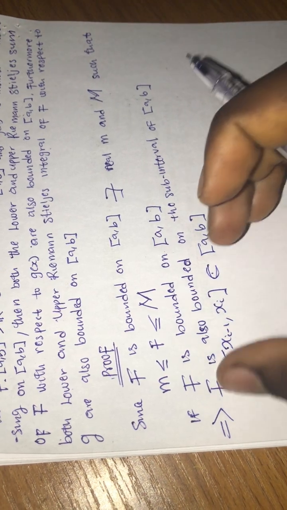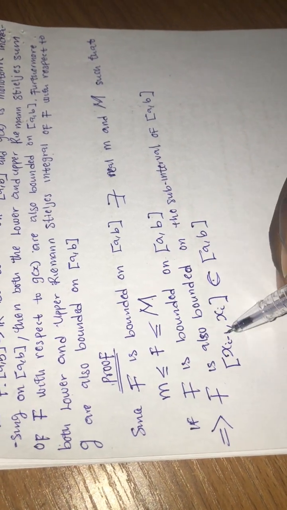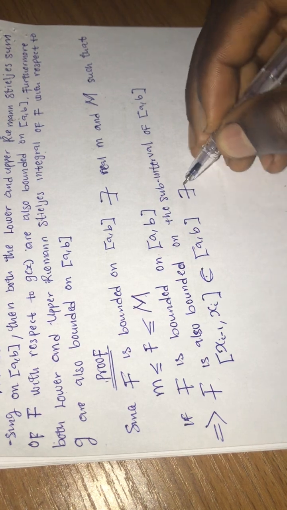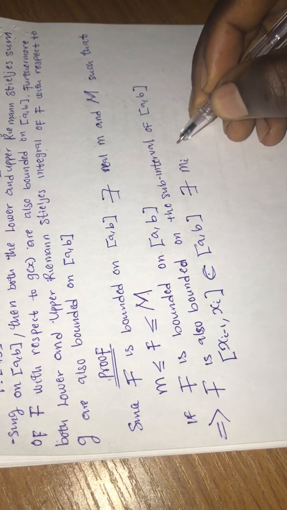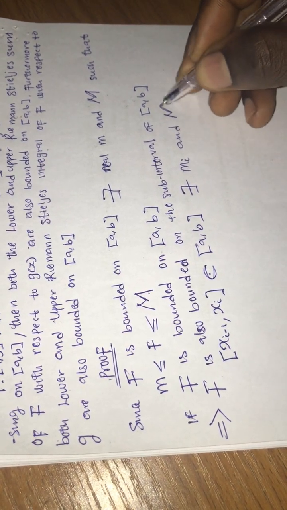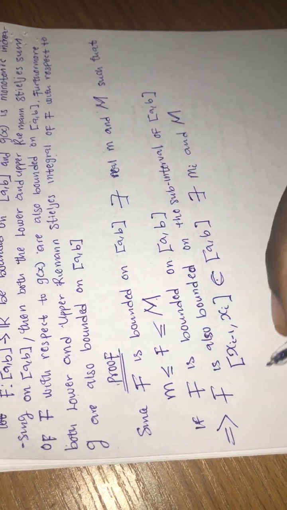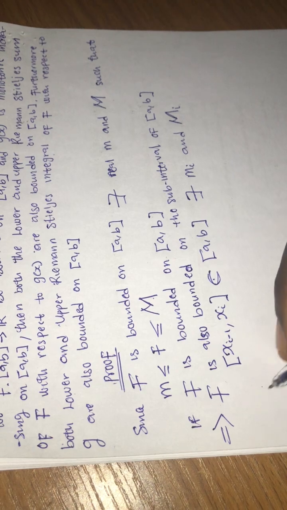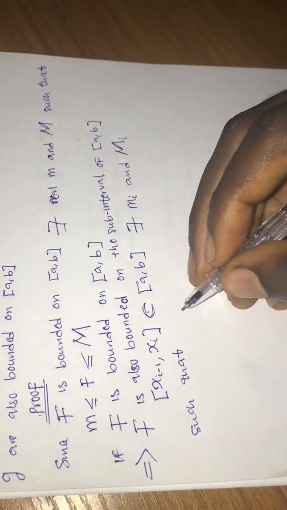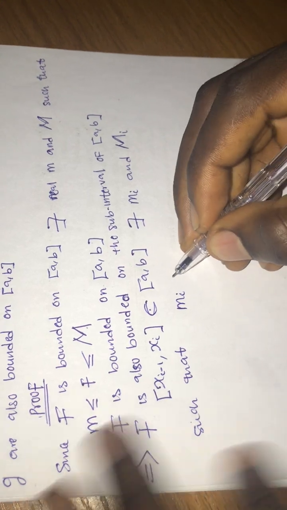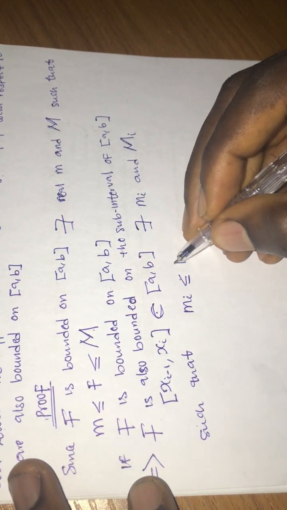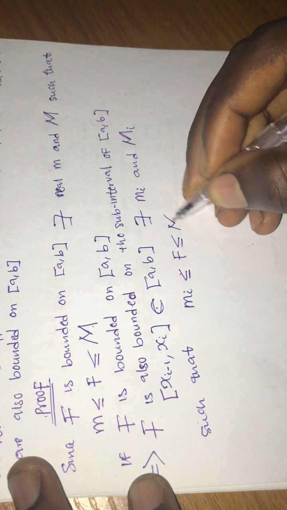Now, if f is bounded here, it is also bounded here. Now there exist real numbers m_i and M_i, they are both in R, that is, they are real, such that m_i is less or equals to f less or equals to M_i.